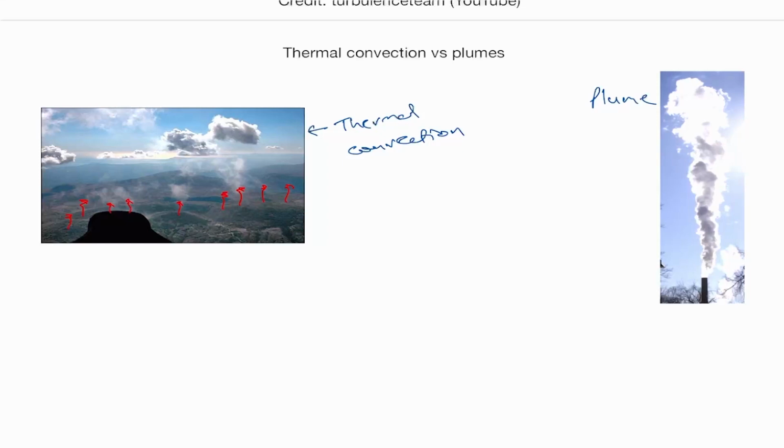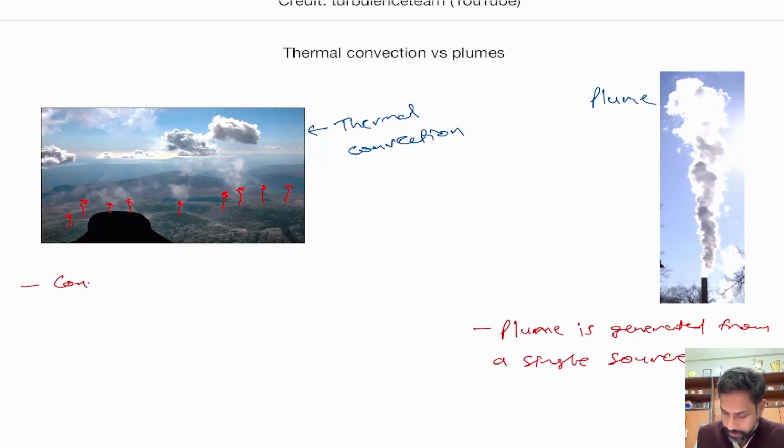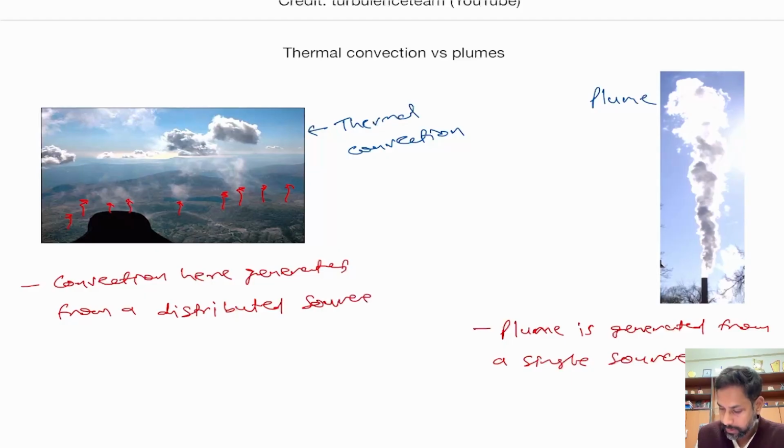So plume actually is generated from a single source, right, whereas this convection here generates from a distributed source, right?